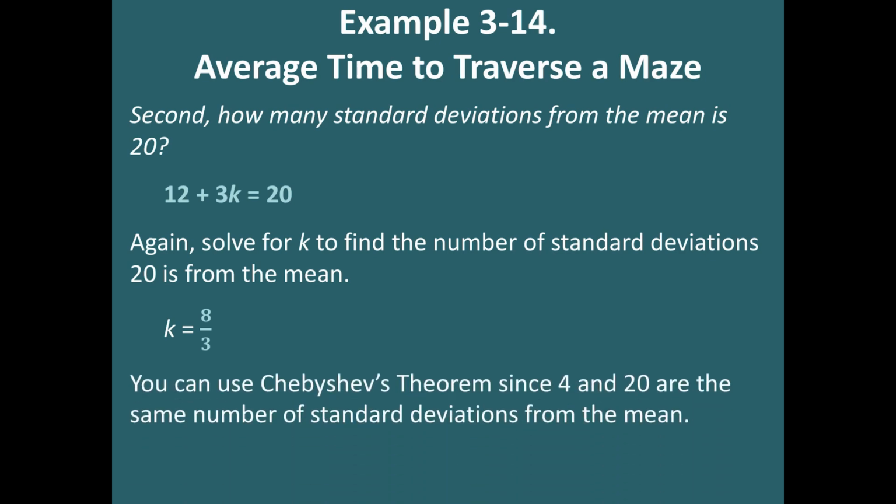The reason why we can use Chebyshev's is because 4 and 20 are the same number of standard deviations from the mean. So for k equaling 8/3, using Chebyshev's, and after multiplying by 100%, we will get 86% in this case.